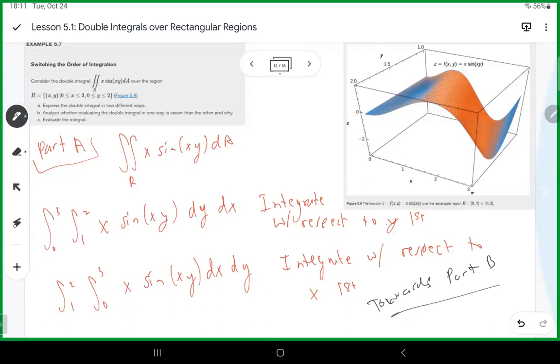So you want to consider that if we did with respect to x first, or sorry, y, we would let u equal xy, which would give you du equals x dy.